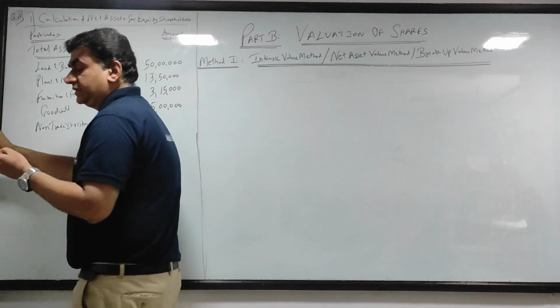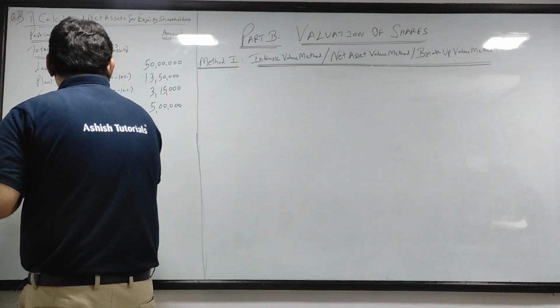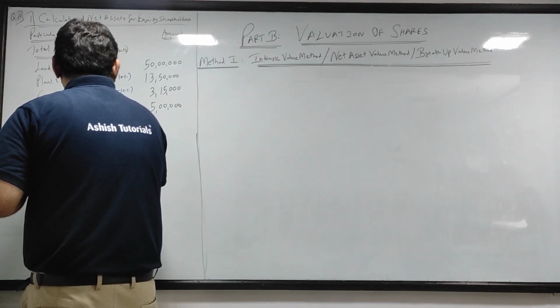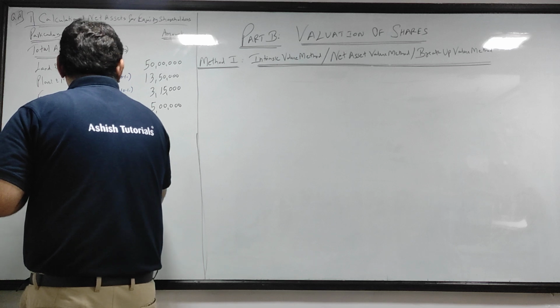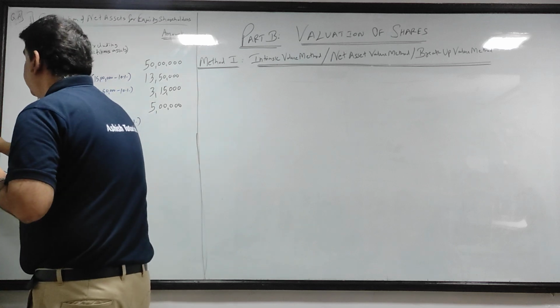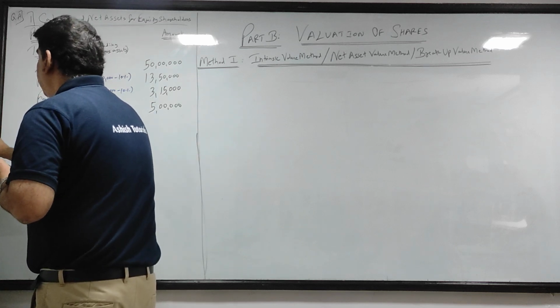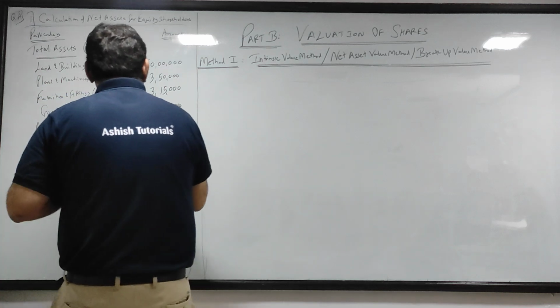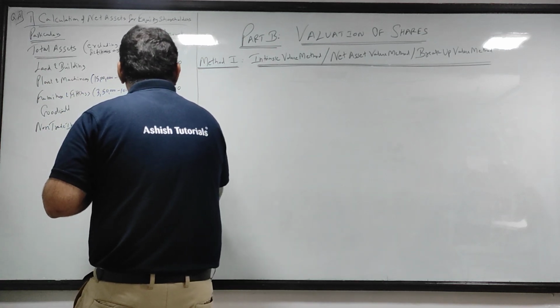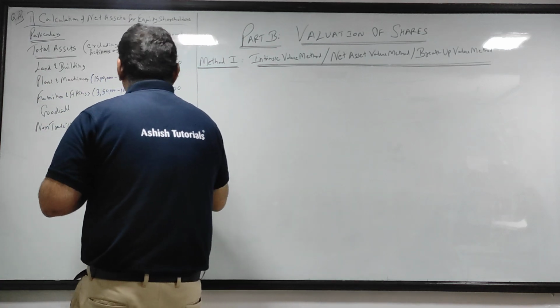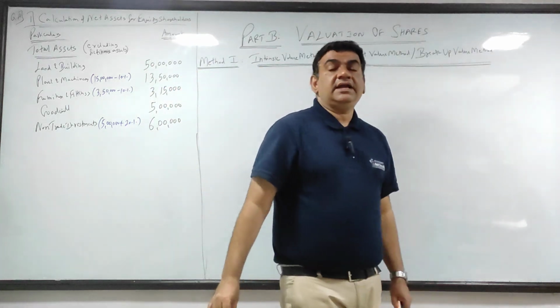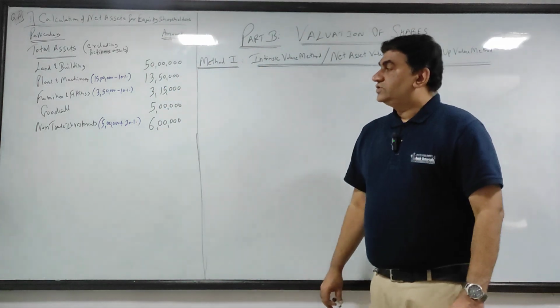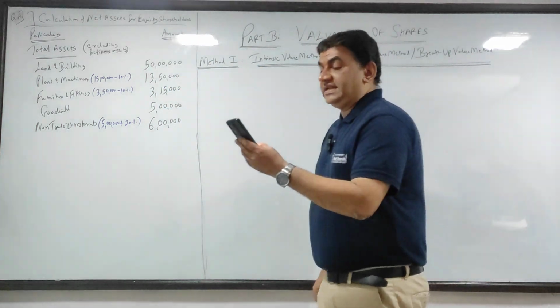Non-trade investments कितना है? 5 लाख. 5 lakh plus 20%. 5 lakh का 20% is 1 lakh. So 5 lakh plus 1 lakh, that is 6 lakhs.